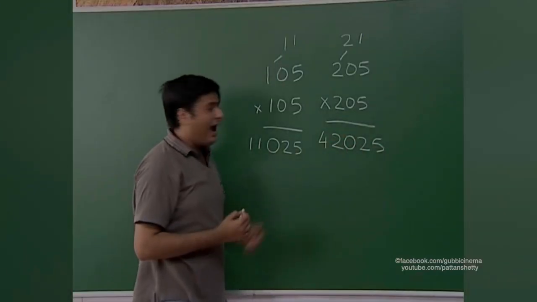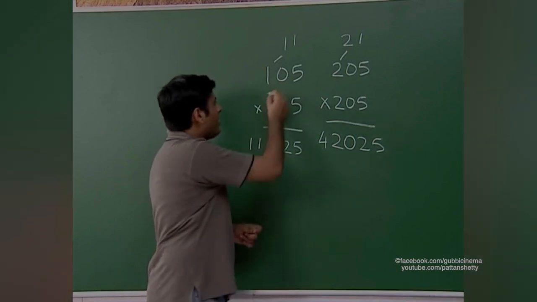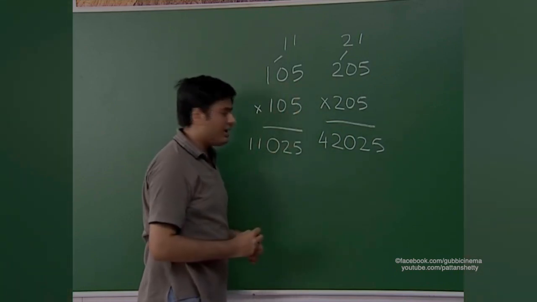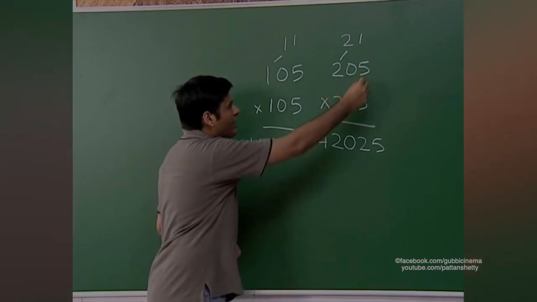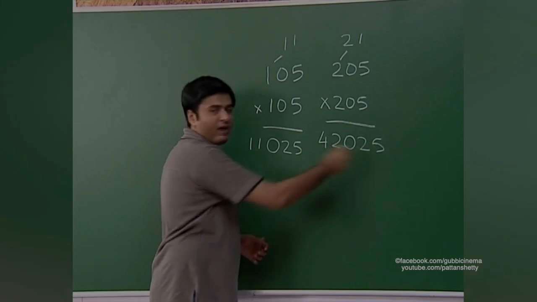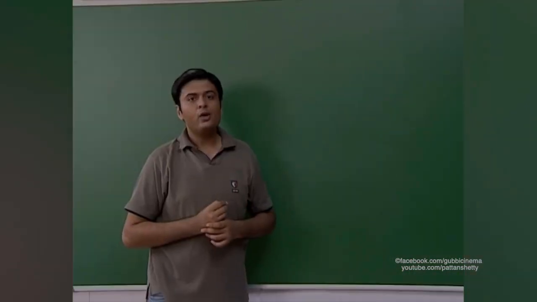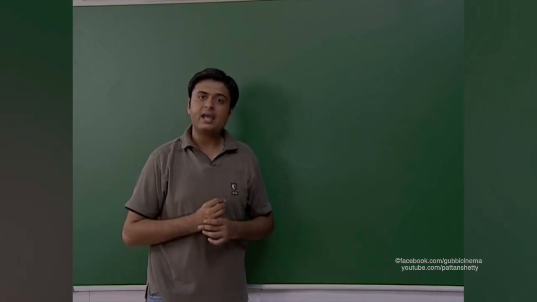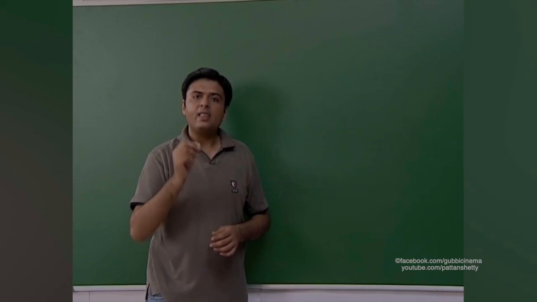So you see how quickly we got the answer and in only one line. 105 times 105 is 11025 and 205 times 205 is 42025. Thus, we have got the answers very fast. Friends, we just saw how to square numbers ending with 5. This technique has a further application. Let us have a look at that technique.